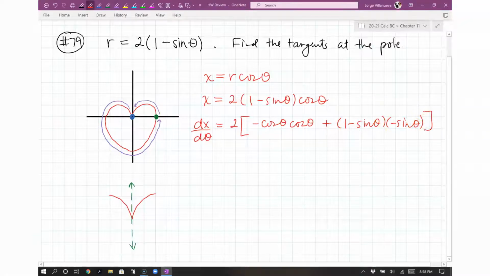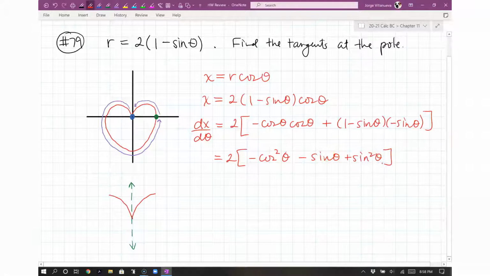Now I'm just going to multiply this out to see what I get. So here's negative cosine squared theta. If I distribute that negative sine theta, I get negative sine theta plus sine squared theta.